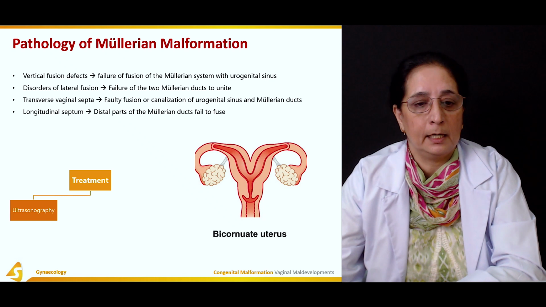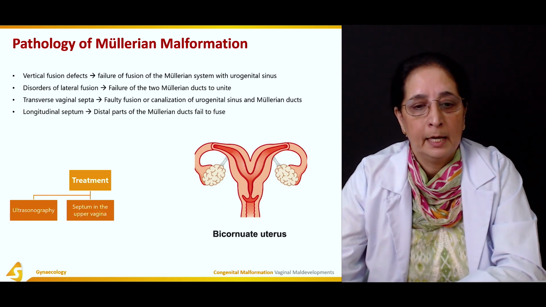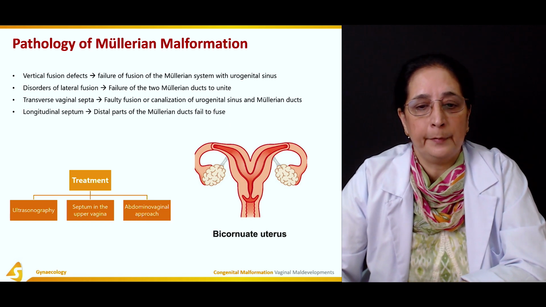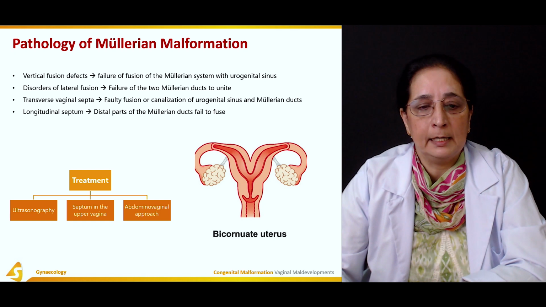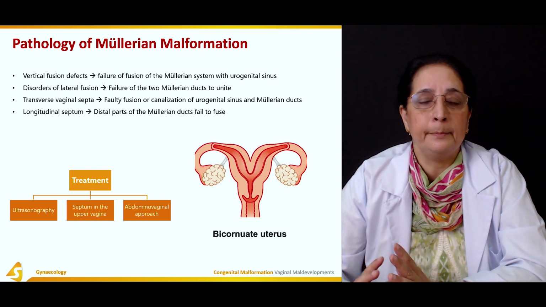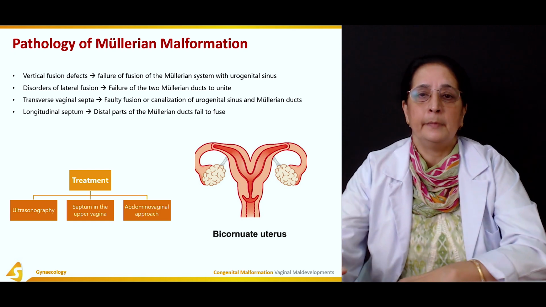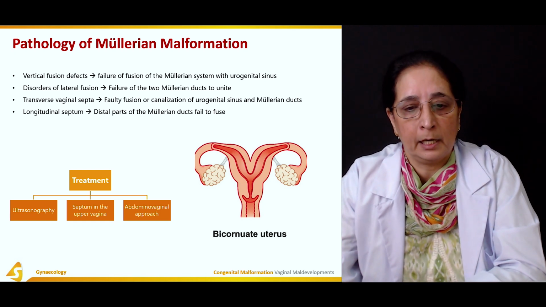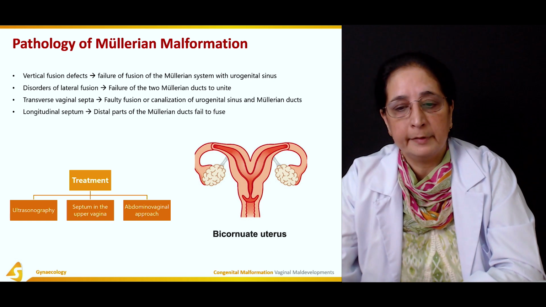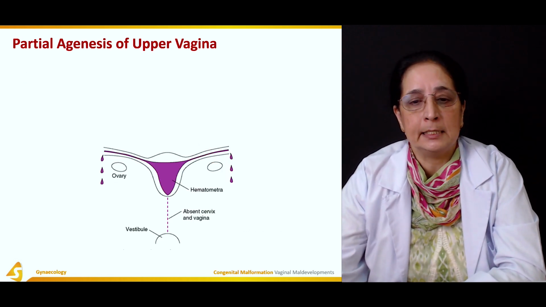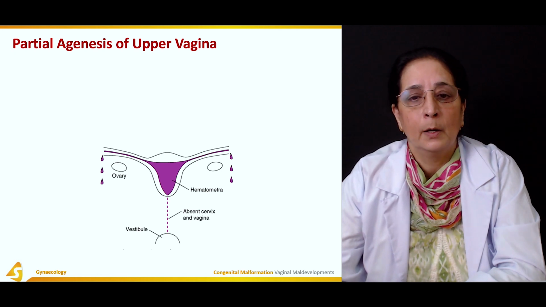Treatment: diagnosis by ultrasonography, treatment of the septum in the upper vagina, and abdomino-vaginal approach. Now the partial agenesis of the upper vagina.